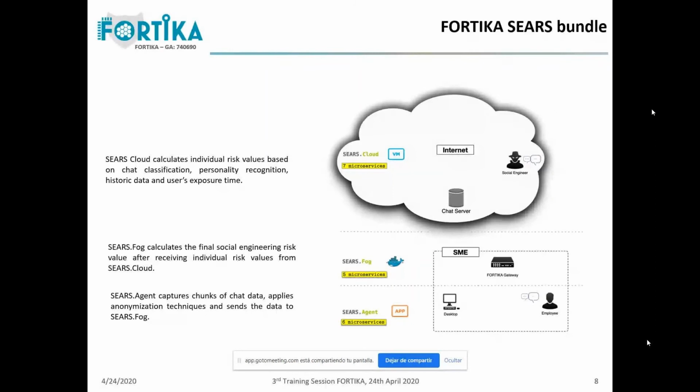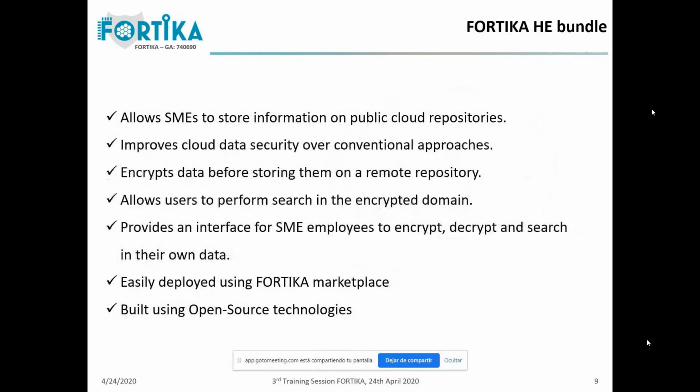In the fog, in the gateway, it calculates a social engineering risk value for this chat, this conversation, and based on this provides an output of the risk value associated with this conversation, which is then processed in the cloud part. So that's the main feature of this bundle, dedicated to the protection of the endpoints in the SME.